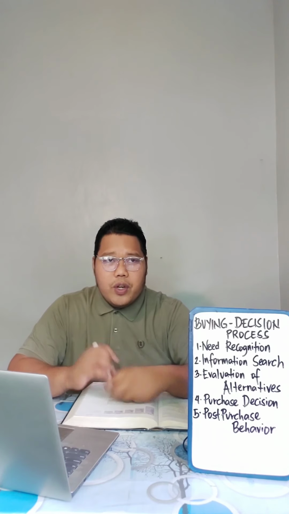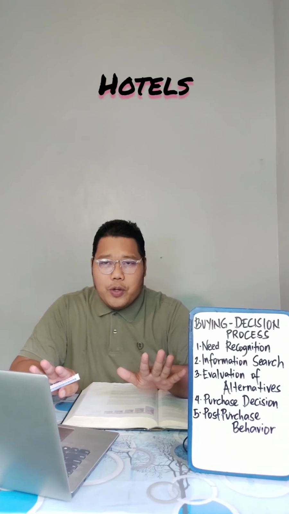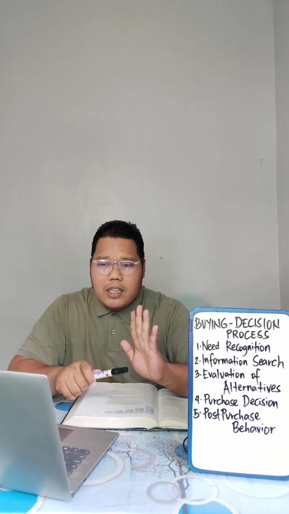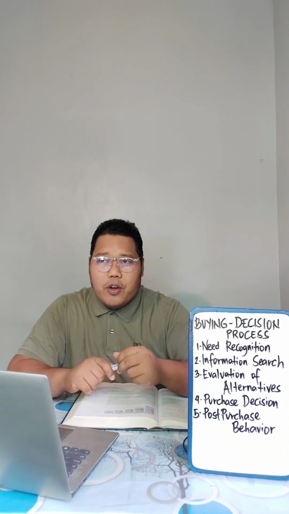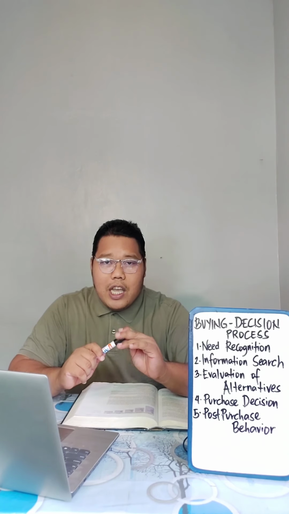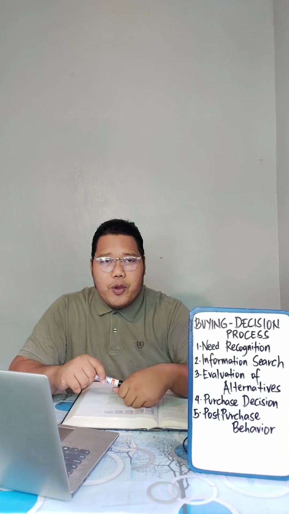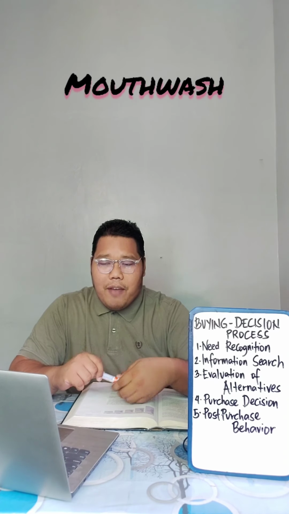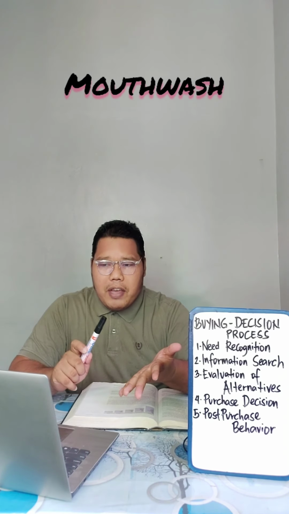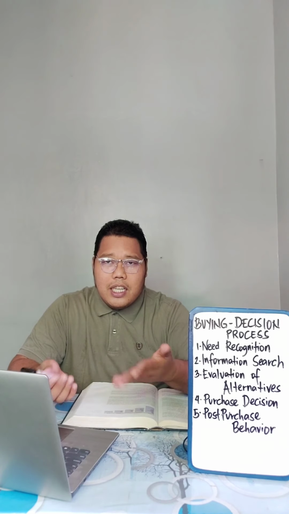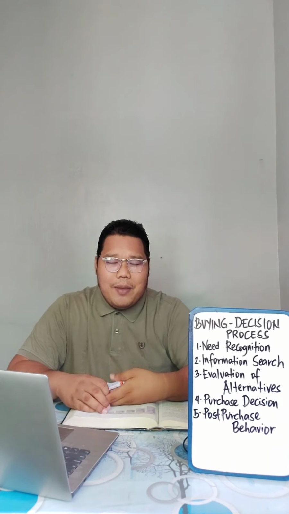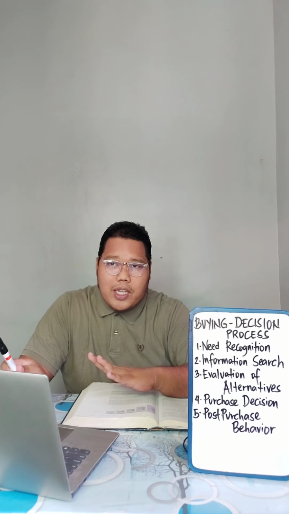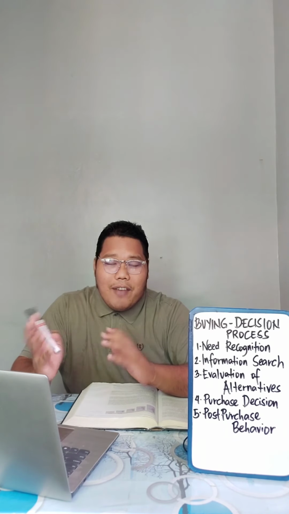For example, if you are evaluating various hotels, then you are going to evaluate them based on location, based on cleanliness, based on atmosphere, or based on the price range of the hotel rooms. For example, you are going to evaluate various mouthwash, then you may evaluate them based on their color, effectiveness, germ-killing capacity, price, or the taste or the flavor of those particular mouthwash that you are evaluating.